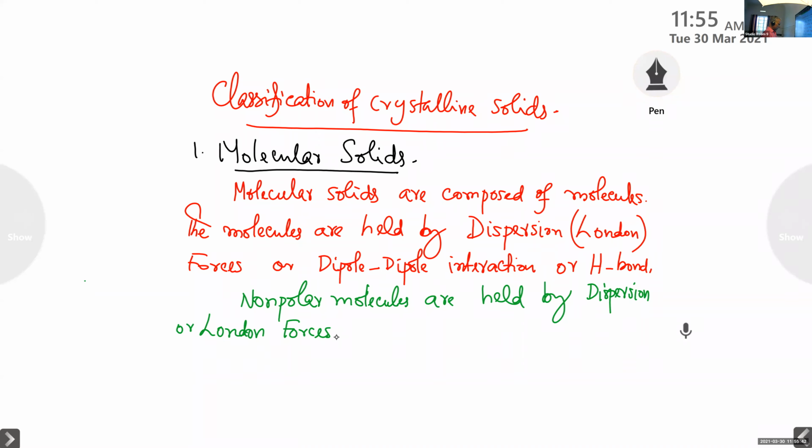So what happens here? There will be very weak attraction. There is no charge separation, and therefore they are non-conductors of electricity. You put a hyphen, then you write non-conductors of electricity.